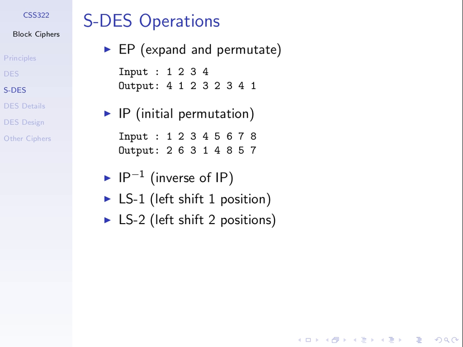Some people are getting it, that's okay. Let's make sure everyone gets it. What we want to do is rearrange our bits such that if we apply the initial permutation and then apply the inverse of that, then the input to the initial permutation is the same as the output of our inverse initial permutation. That is, get the bits back in the right order. Start 1, 2, 3, 4, 5, 6, 7, 8.